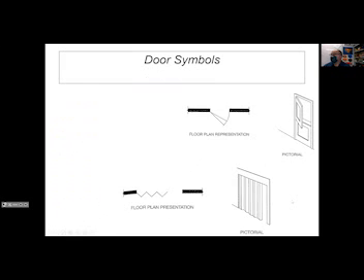Then we have weird doors. So this door right here is a Dutch door. Mainly it's where there's usually a shelf involved where you can put your pie to cool off before you eat it. The door is split in half, so the top can open or the bottom can open.